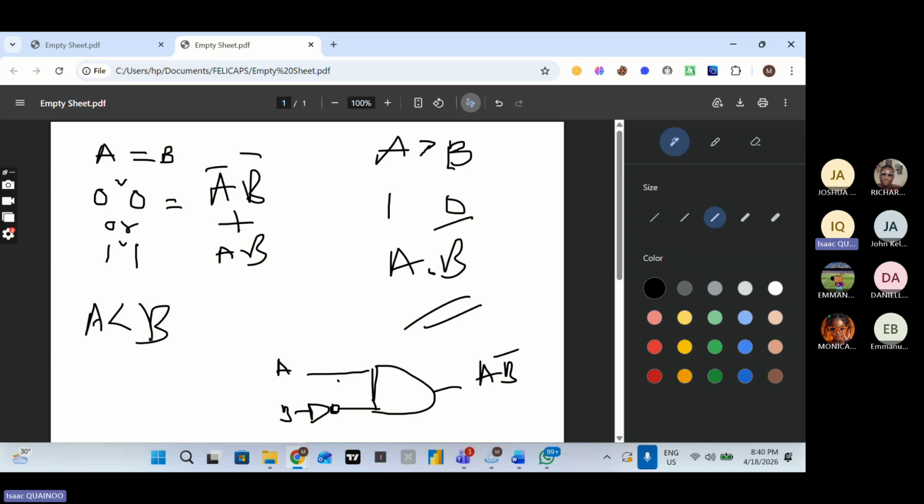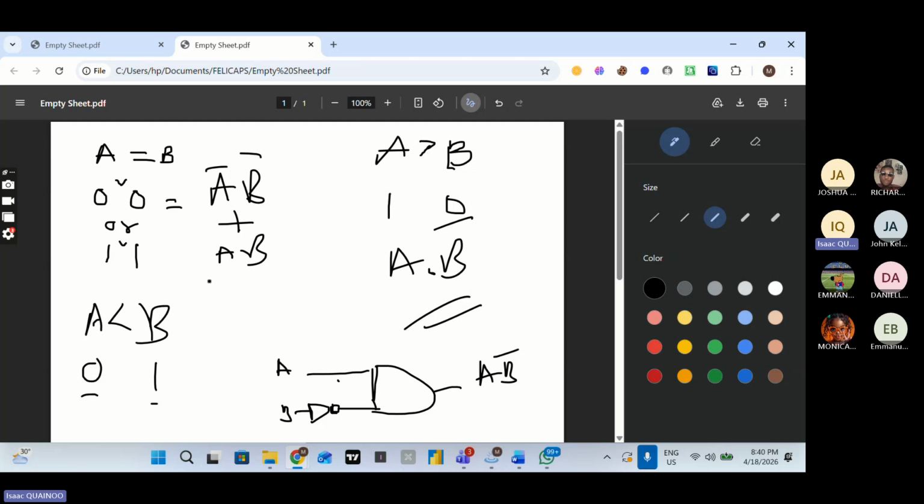When our inputs are 0, 1, I mean, a combination of those two. When is our A going to be less than B? When A is 0 and B is 1. When A is 0 and B is 1, we can see that our A will be less than B.